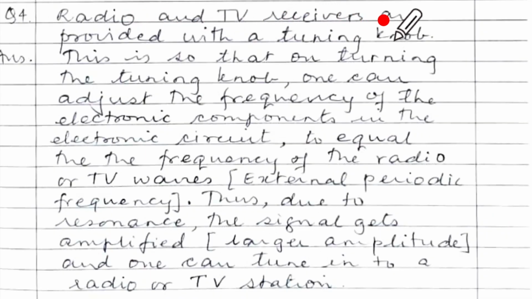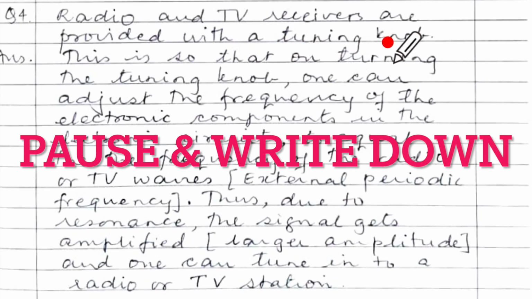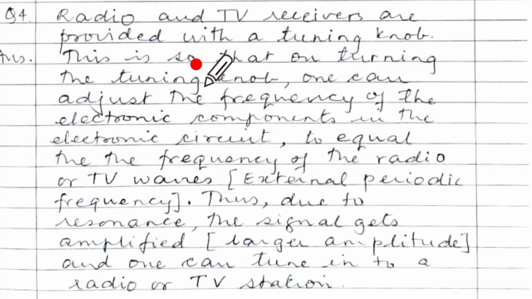Let's look at our fourth question. Radio and TV receivers are provided with a tuning knob. Why is this provided? So that on turning the tuning knob, one can adjust the frequency of what?